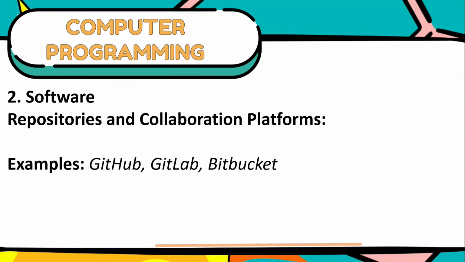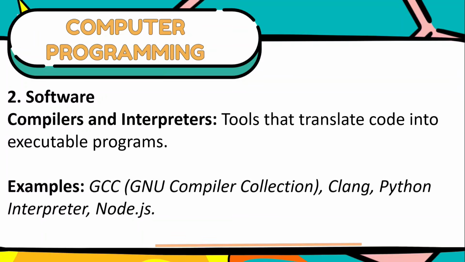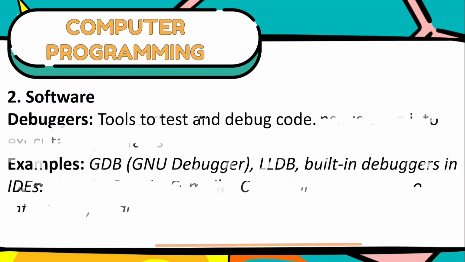Repositories and collaboration platforms. The examples are GitHub, GitLab, and Bitbucket. Compilers and interpreters. These are the tools that translate code into executable programs. Here are the examples. Debuggers. These are tools to test and debug code.